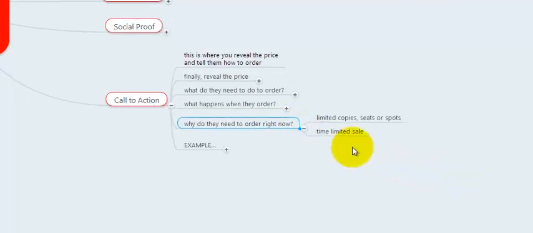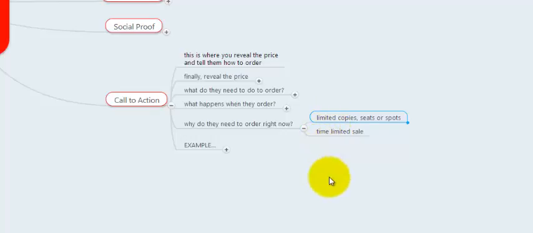You can do that with limited copies, or you can do it with a time limited offer. If you can use these two together, that's obviously better. If you can put a limit on the amount of copies you're going to sell, or how many units you have in stock, or how many clients you can take on for your service, or whatever it may be, reference that limit here. Maybe you can only work with 5 clients at once.